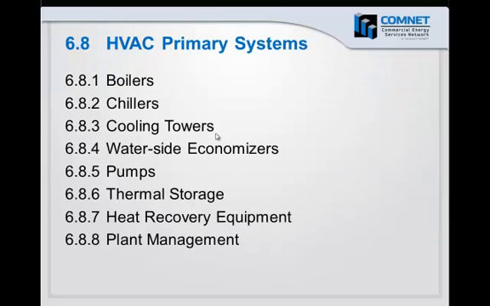So now I want to take the rest of the time to discuss the HVAC primary systems. These include boilers, chillers, towers, waterside economizers, pumps, thermal storage, heat recovery from chillers, and techniques for plant management.